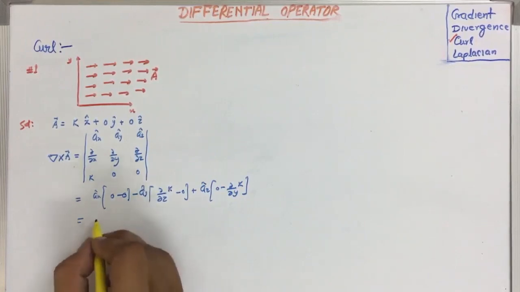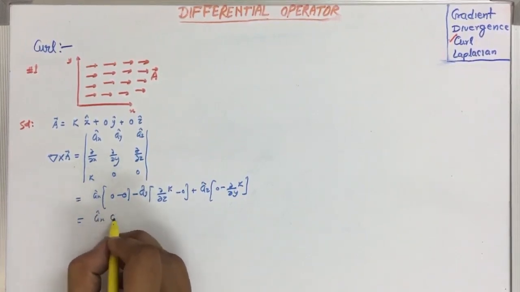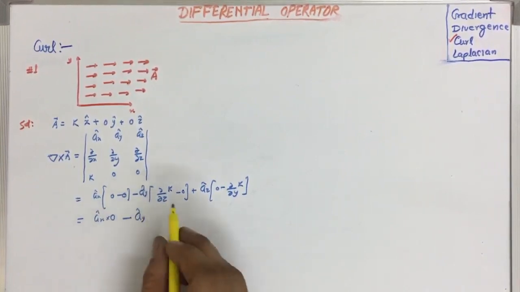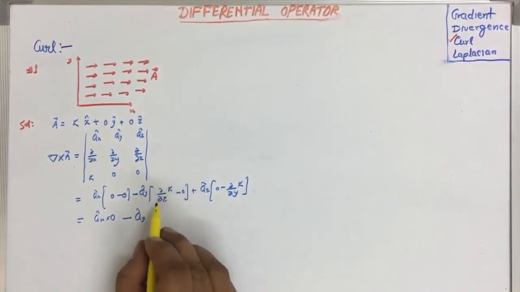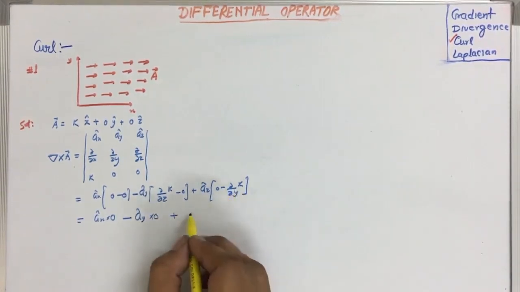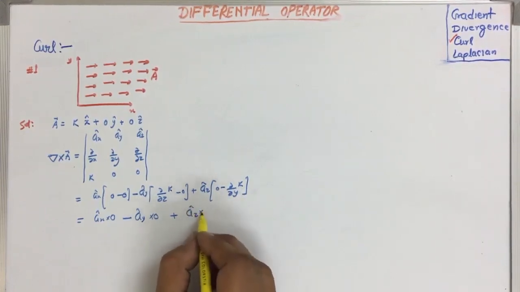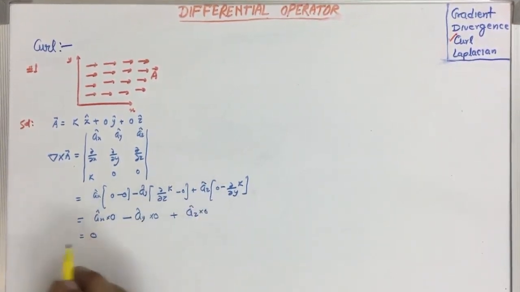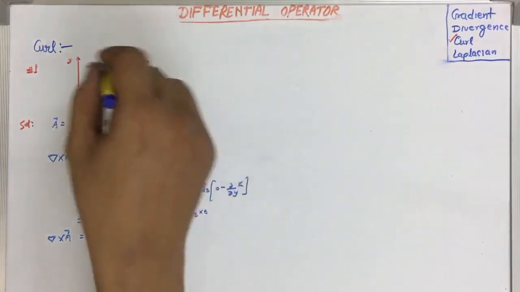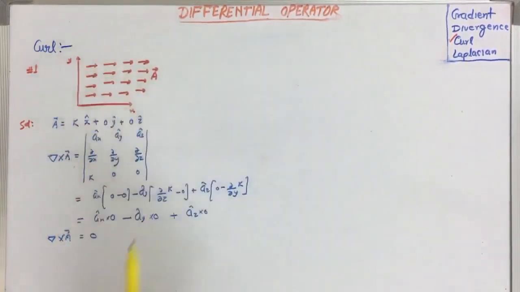So next thing, ax 0 minus ay, the partial derivative of a constant quantity will give you 0, plus 0, okay, minus plus az 0. So what you will get? 0.